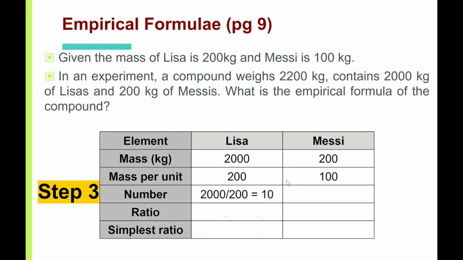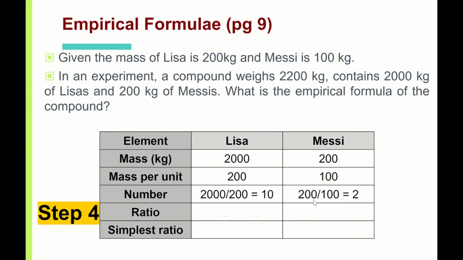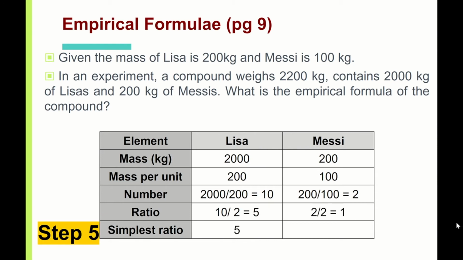So how many Messis are there? 2. So what is the ratio of Lisa to Messi? 5 is to 1, simplified. So the simplest ratio is 5 is to 1, and the empirical formula is L5M. This is how we derive the formula from experiment. From experiment, we can get the simplest ratio and identify what elements there are and the ratio in which it contains them.